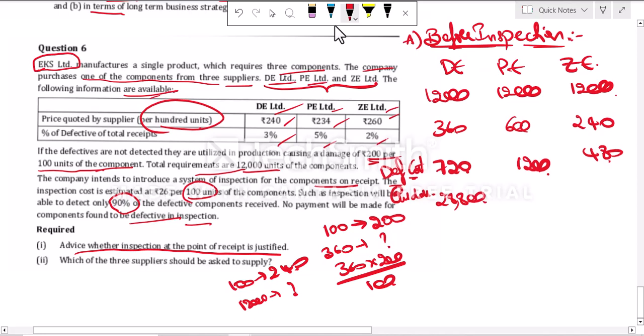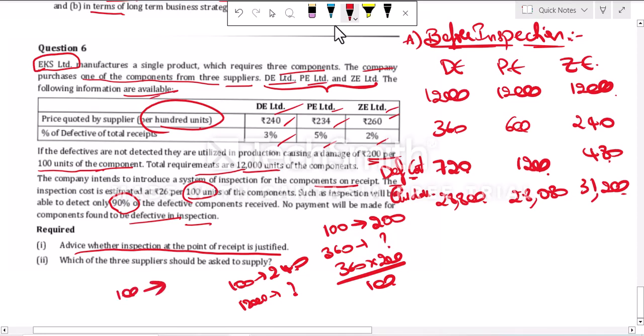Next, 12,000 into 234 by 100, 28,080. 260 into 12,000 by 100, 31,200.